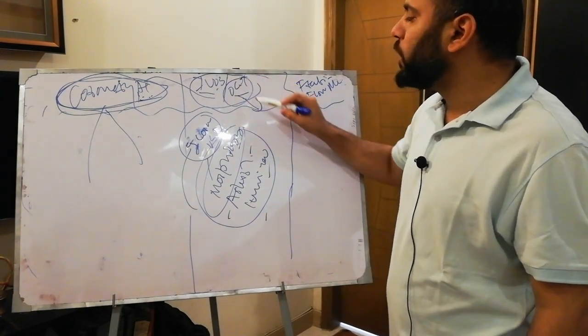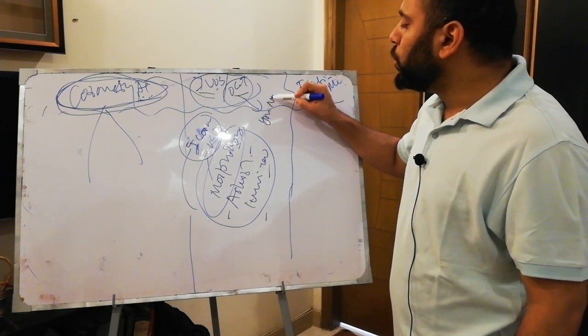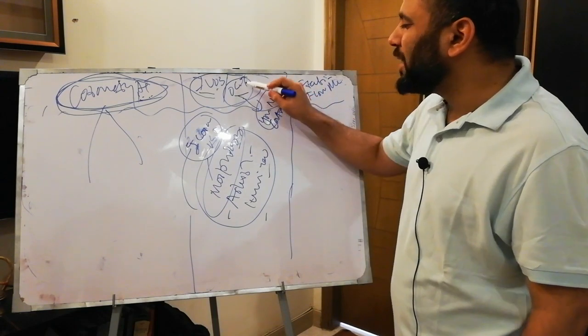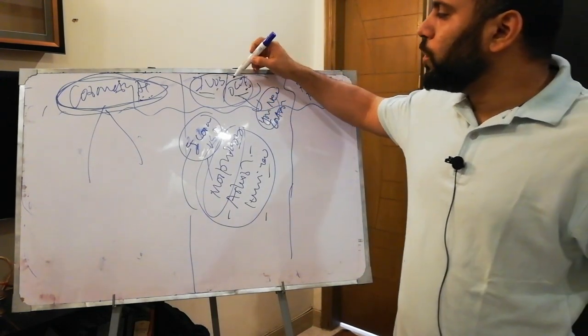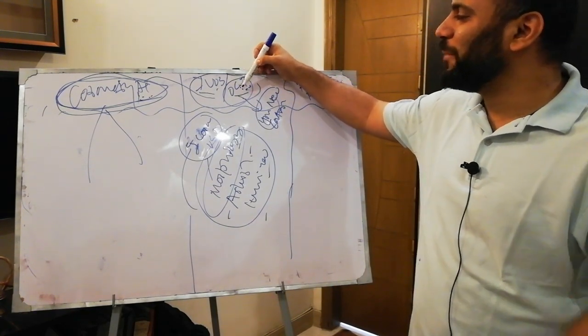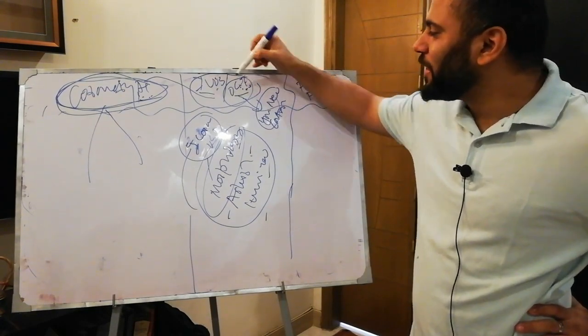But the drawback of OCT is that you need to use contrast, so it is relatively contraindicated in chronic kidney disease. So IVUS and OCT.